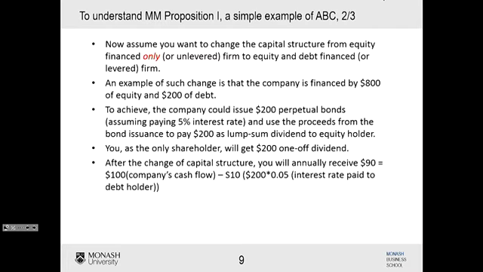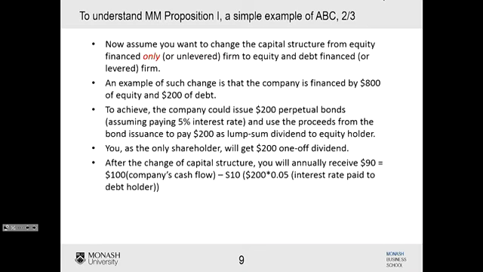After you receive the $200 proceeds issued by the company, the capital structure has changed. Right? And because of the change of the capital structure, it also changes how much cash flow you receive from the company. Why?